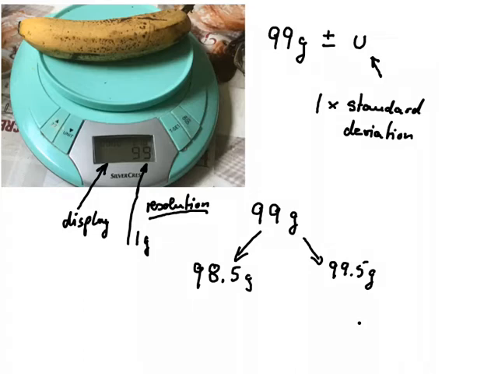And if it was just a little bit under 99.5 grams, it would be rounded down to 99 grams. So what we know is that from this display, the banana could weigh anywhere between 98.5 and 99.5 gram.